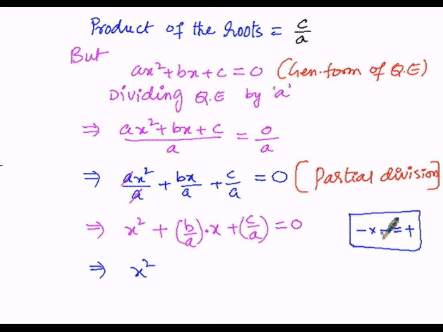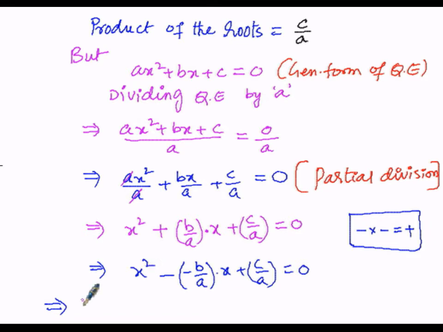So instead of this plus I am going to write it as minus of minus within the bracket, b divided by a, into x plus c divided by a is equal to 0. Minus of minus is plus, so b divided by a as it is into x plus c divided by a.